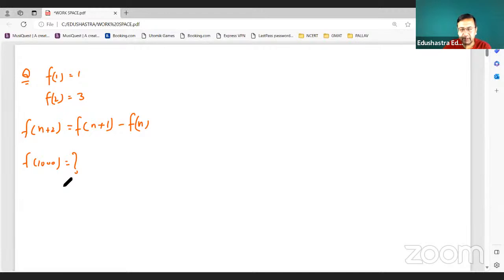F1 is 1, F2 is 3. The function definition is f of n plus 2 is equal to f of n plus 1 minus f of n. Then find the value of f1000.